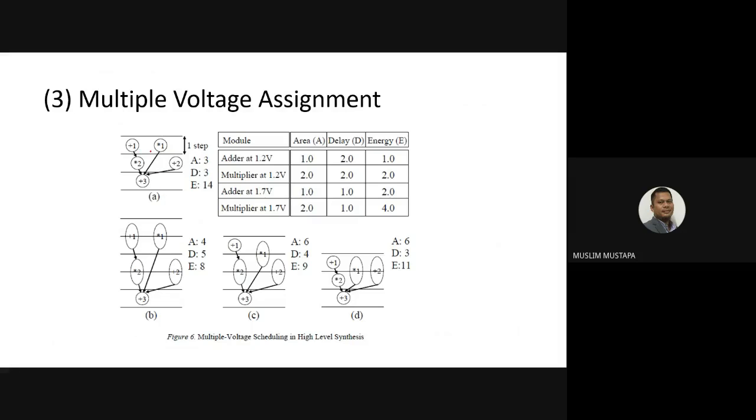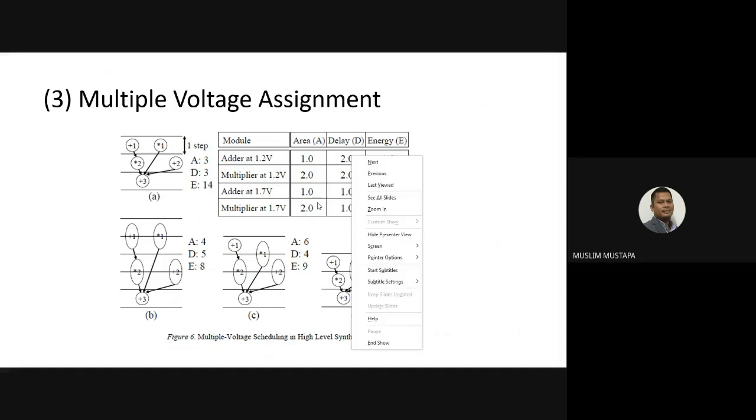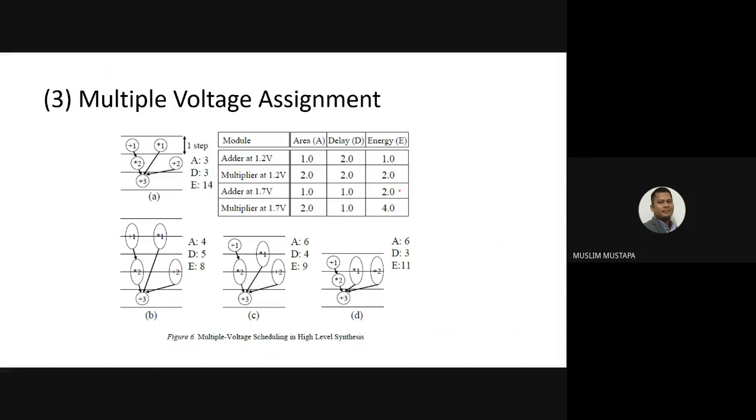at each stage there's an adder and also a multiplier, a program to be run, right? At a voltage of 1.7 volt, you can achieve smaller area and smaller delay, which means you can execute it faster. But the problem is that the energy consumption is high.